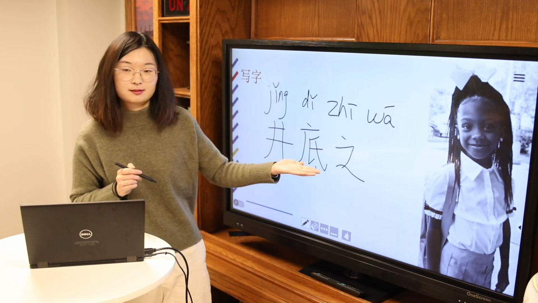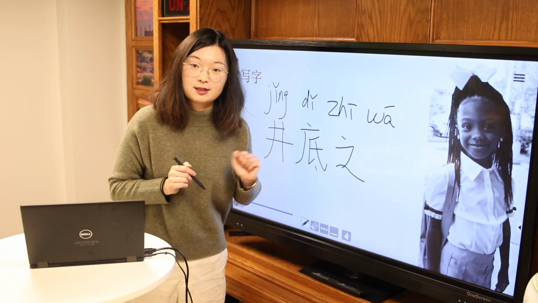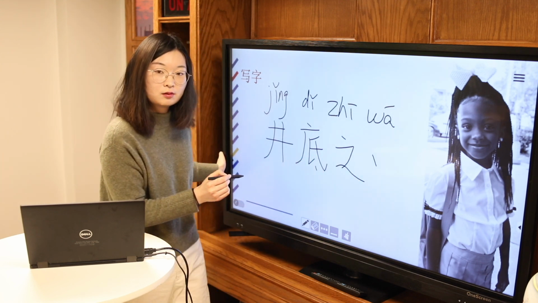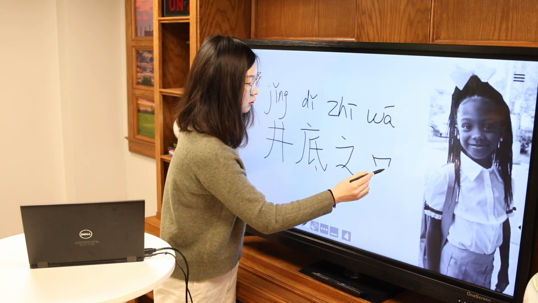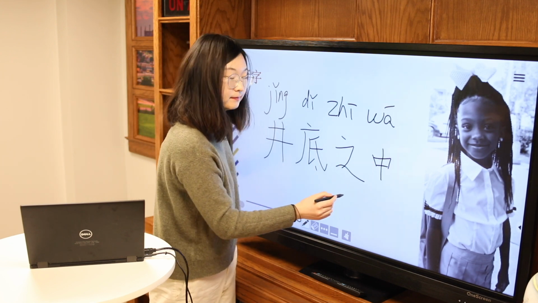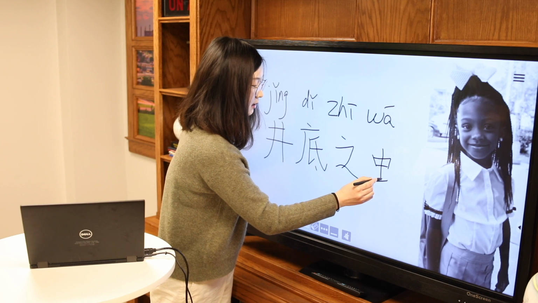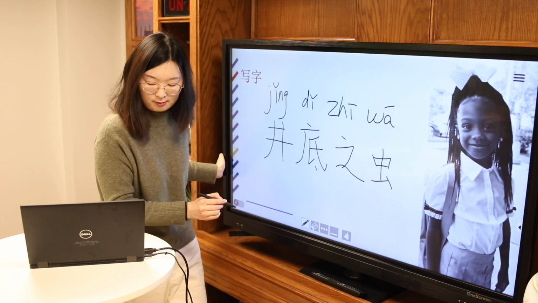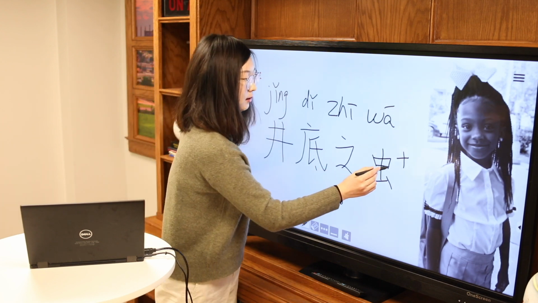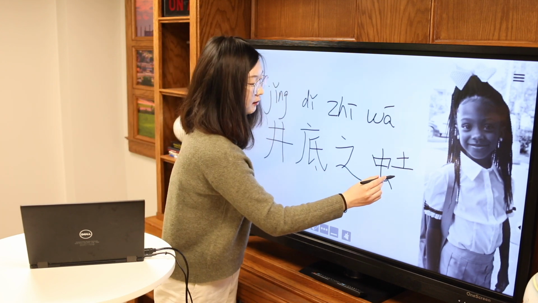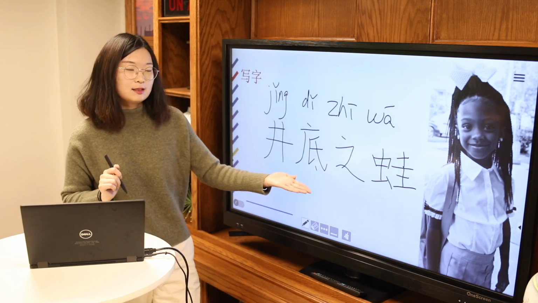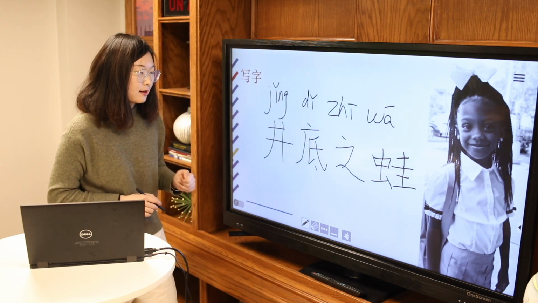Okay, 之 is a character to indicate possession. Okay, 蛙 竖横竖横竖提点. Okay, then the red part 横竖横, then 横竖横. Okay, 井底之蛙.